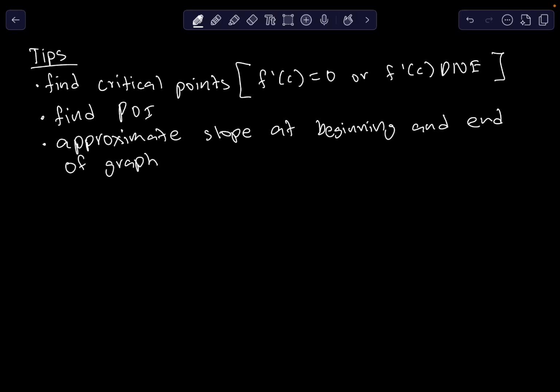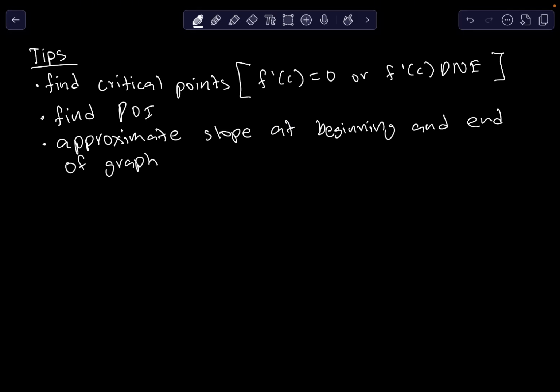In most cases, except when it's a point of inflection, that'll be a min or max, or local extrema, which is basically a peak or a valley on our graph, these points right here. And when we get those, we know our slope at those points is 0, meaning the slope of that tangent line is 0. And that'll allow us, when we're sketching our derivative graph, to cross the x-axis at that point.